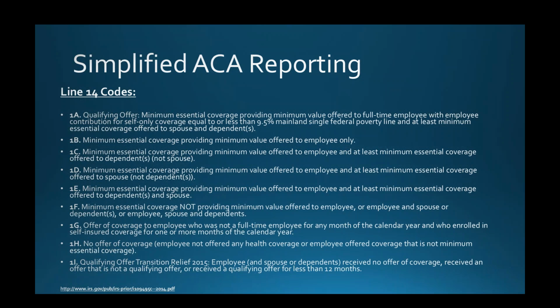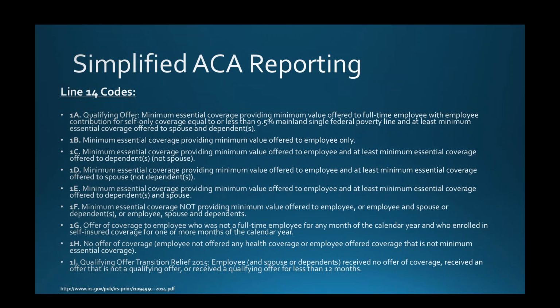So the line 14, code 1A, this is the easiest code to enter if you qualify. I would highly recommend using this if you qualify. So you provide minimum essential coverage to the employee with the employee contribution for self-only coverage. So again, that least cost self-only coverage equal to or less than 9.5% of that single federal poverty line.